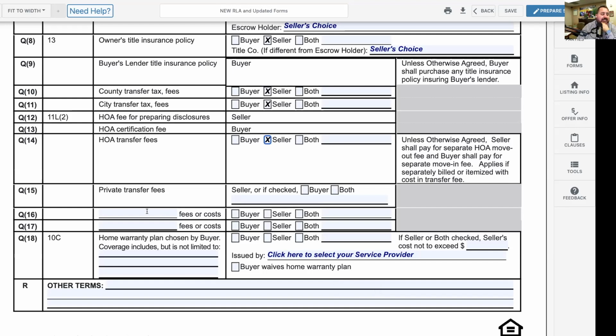Okay. Fees or costs. This again, like we talked about with the termite, if I'm asking for the termite, that's where it's going to go. For my buyers, if I am an agent that has my buyer pay for the transaction coordinator, I add that fee in there, then I would put in there transaction coordinator or TC, or whatever it is.